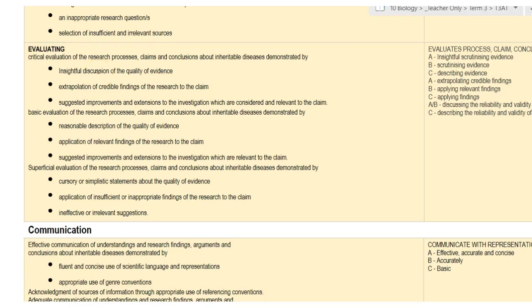Now, evaluating is about looking at your research process, looking at the claim, looking at the conclusion, and really talking about whether or not you've got quality conclusion, quality evidence, and where you go from here.